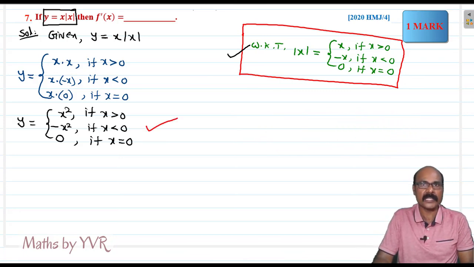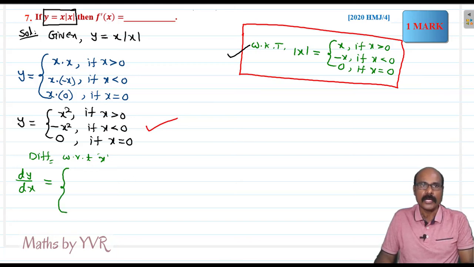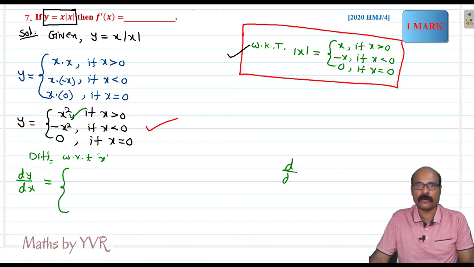Now we can differentiate this function with respect to x. Then the derivative of y with respect to x is dy by dx is equal to, what is the derivative of x squared? It is from the derivative of x power n form. The derivative of x power n is n into x power n minus 1.